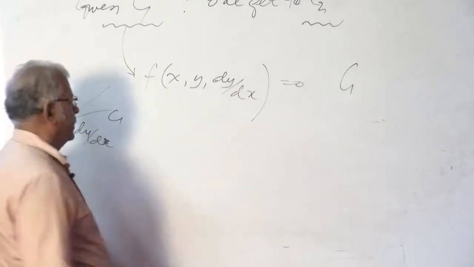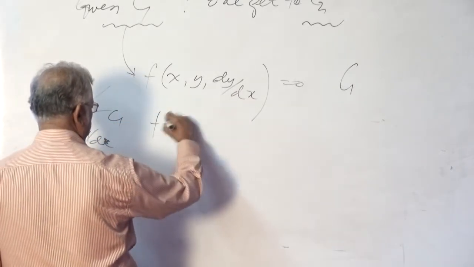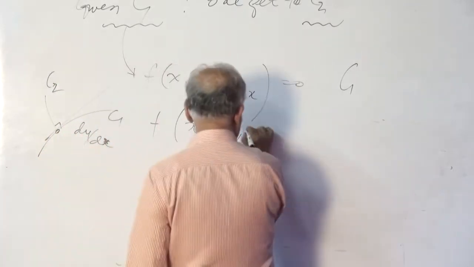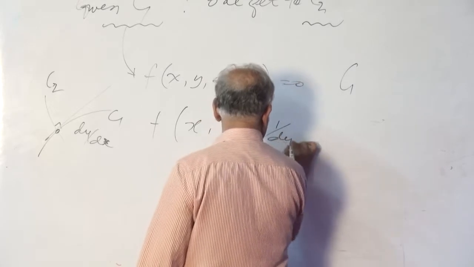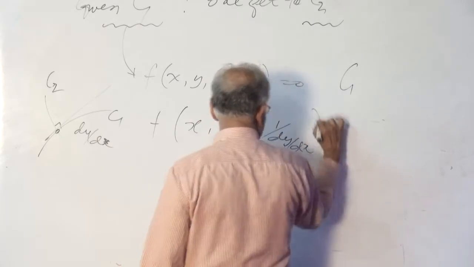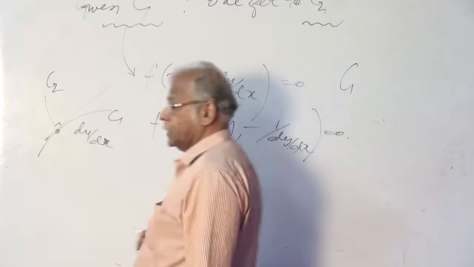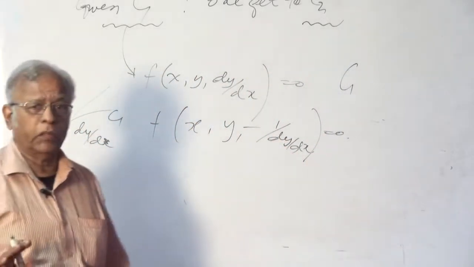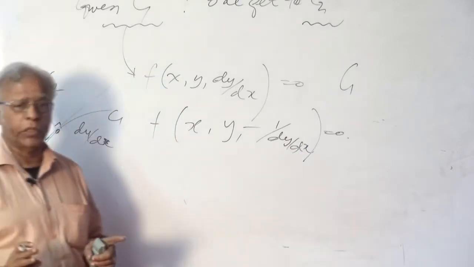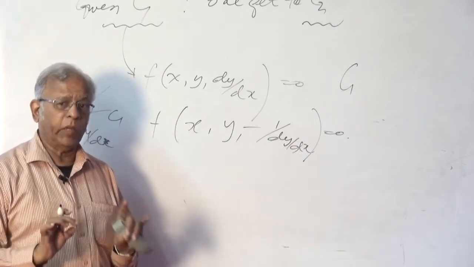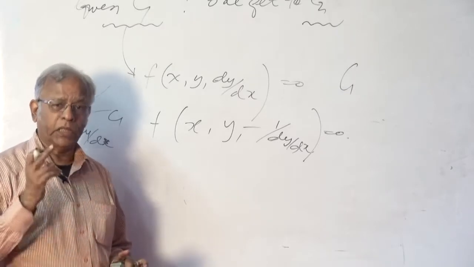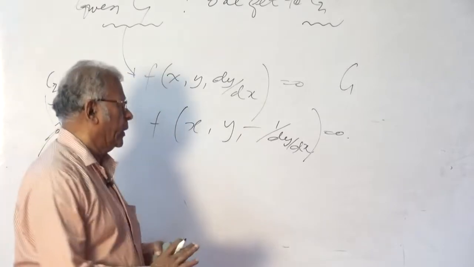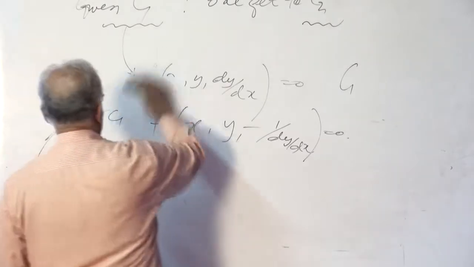That will give the orthogonal trajectories for C1: f(x, y, -1/(dy/dx)) = 0. In other words, all we have to do to get to the orthogonal trajectory is to take the original curve equation and replace each dy/dx term by the reciprocal of itself with the sign changed. We'll take an example to understand this further.